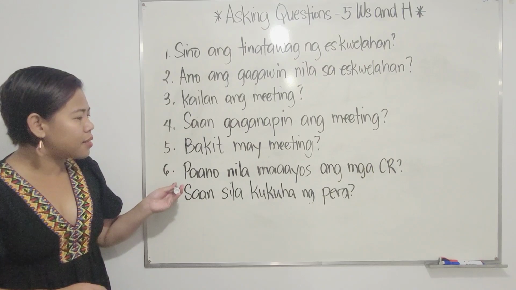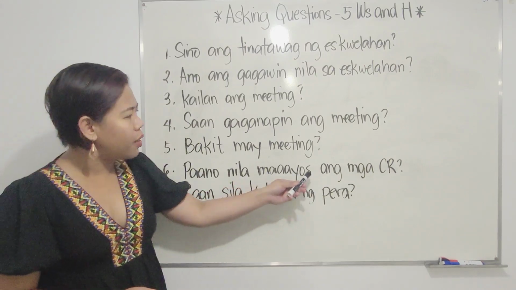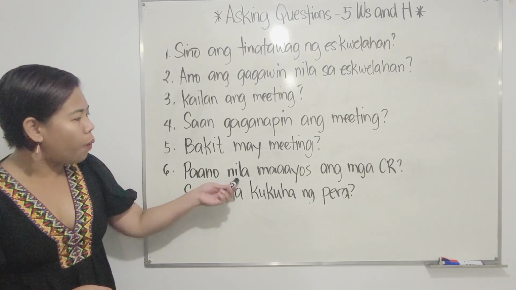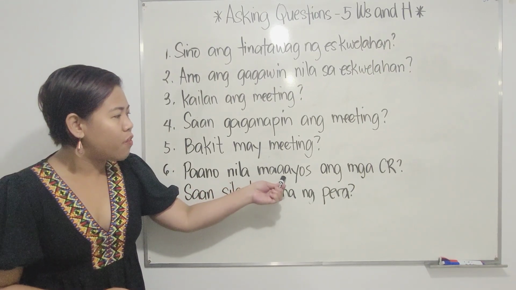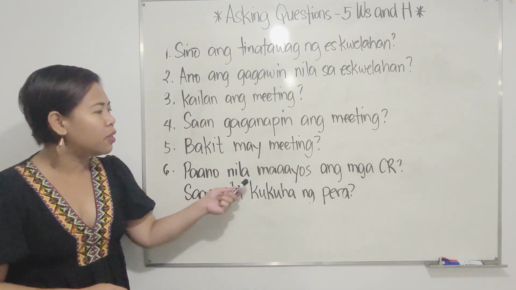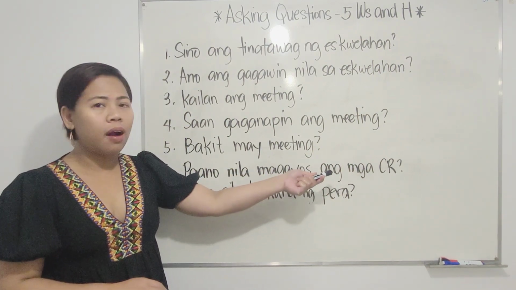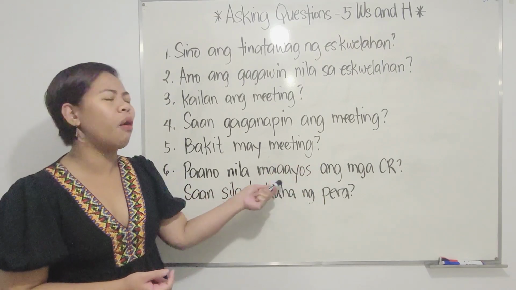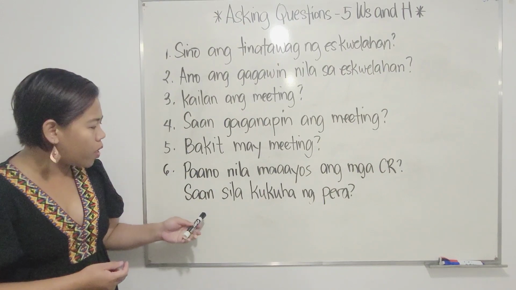And then number 6, it says, paano nila maaayos ang mga CR? Paano is how. How are they going to fix the CR? If you ask this question and the person you're talking to does not get it, like, what do you mean, how? Then you can do a follow-up question.